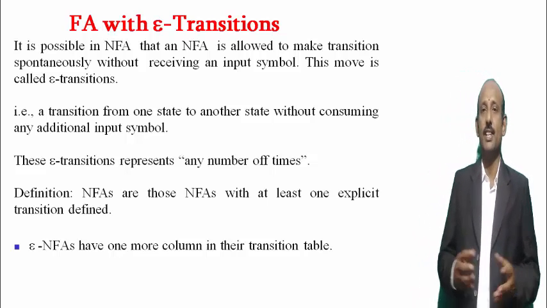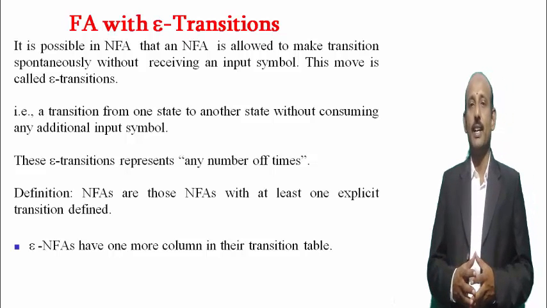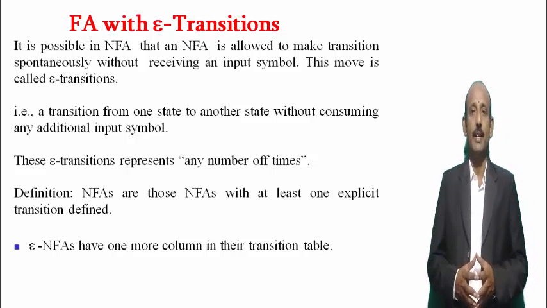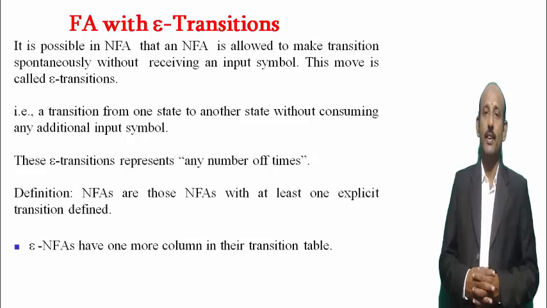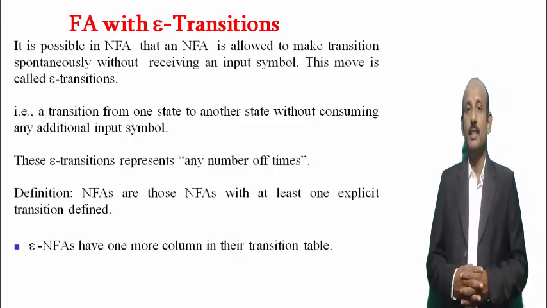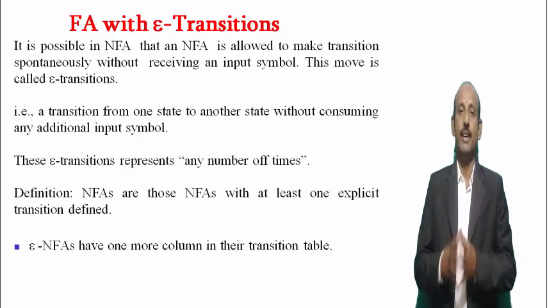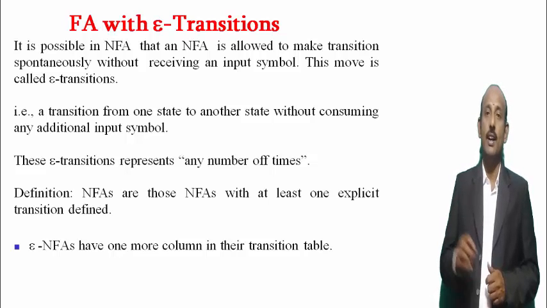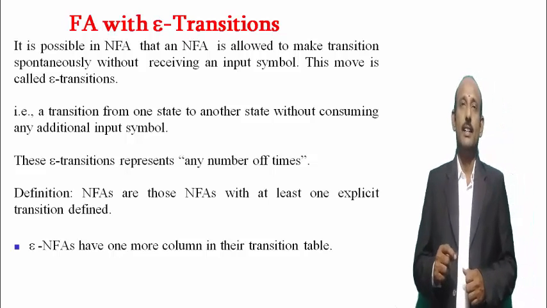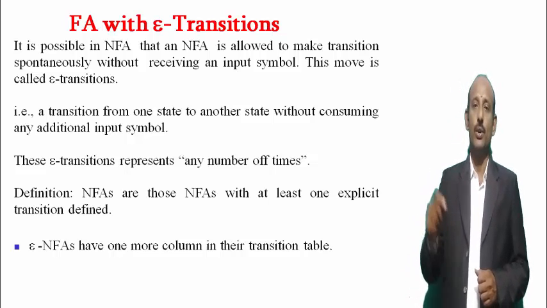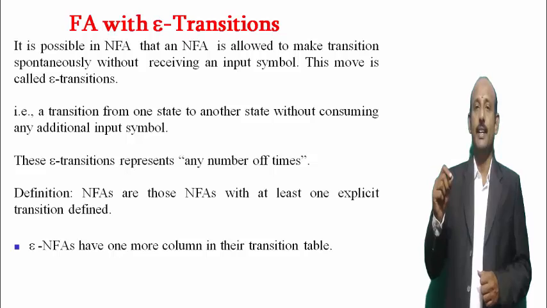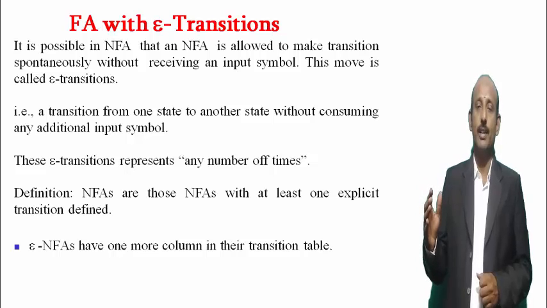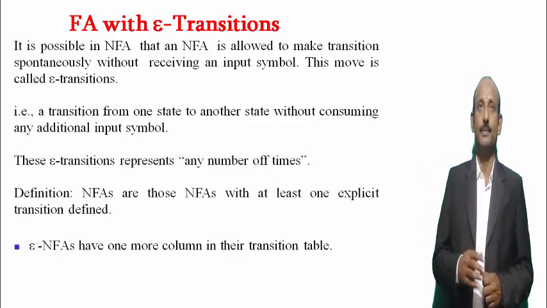The DFA, the deterministic finite automata, does not contain any epsilon transition, whereas the NFA may contain the epsilon transition. Epsilon means an empty input string, and we can make a transition from one state into another state.